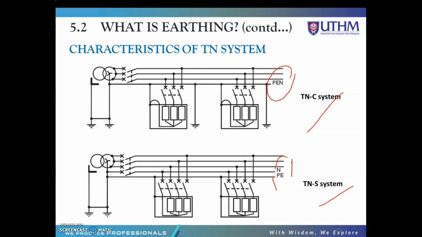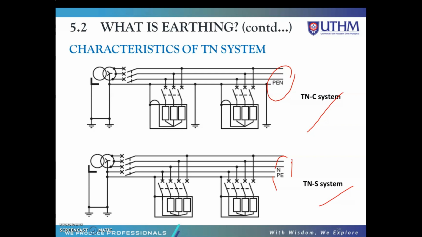For this TNS, the consumer's earthing terminal is usually connected to the metallic part of the distributor cable. This is used for underground power supply to the premises or factory from a distributor substation.